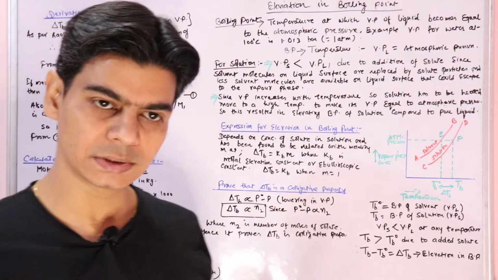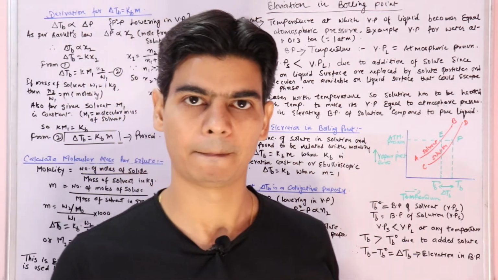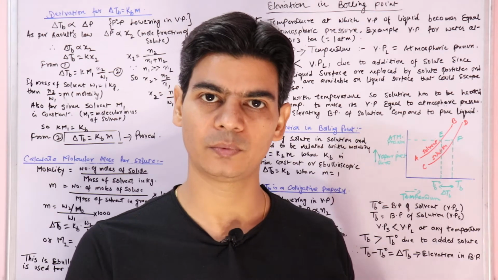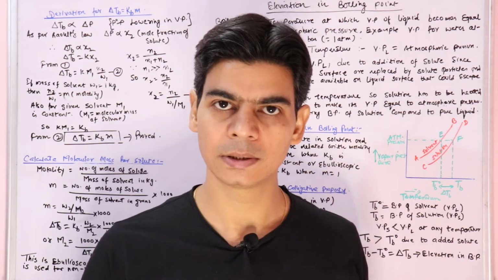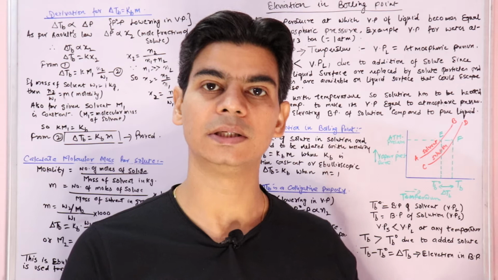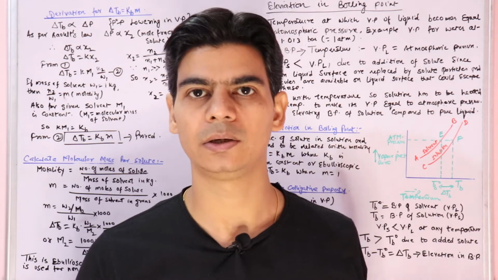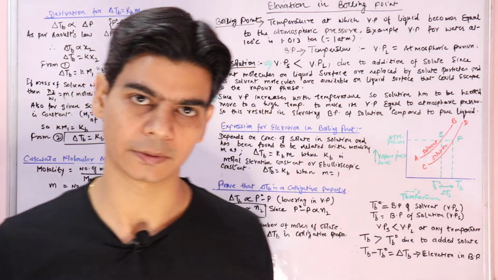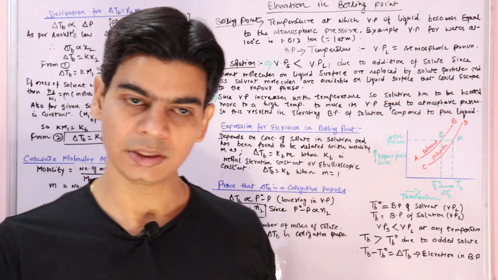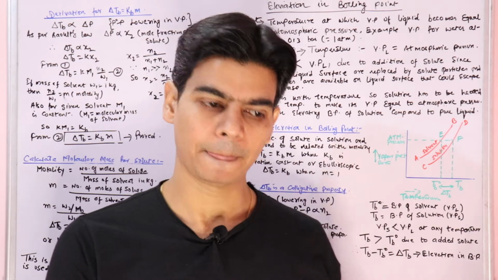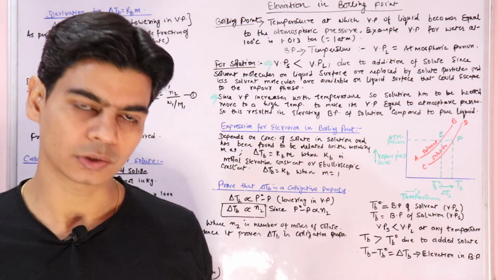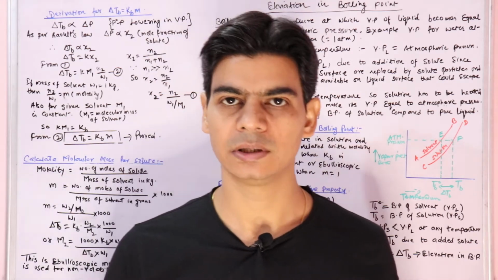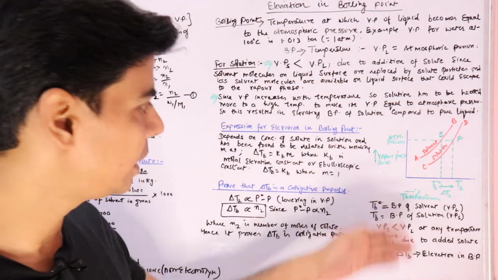By adding this solute, the boiling point is increased. The temperature at which a liquid normally boils is increased when a solute is added to it. Since it's a colligative property, we are adding some kind of solute to it. So this increase in temperature when a solute is added to a solvent is known as elevation in boiling point.